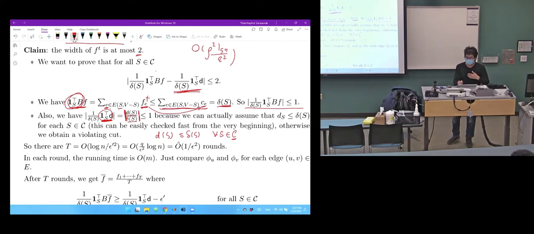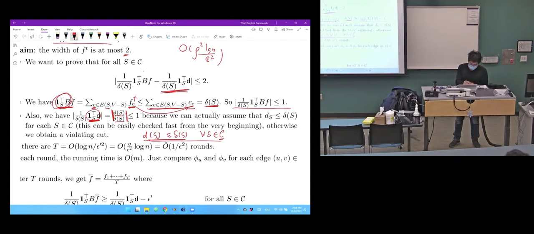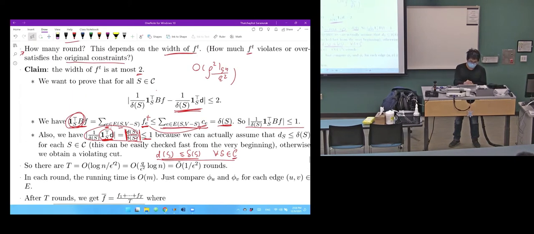So just from the beginning, you check if this is true for every cut in the family first. If it's false, then you're done. So from now, we can assume that this is the case. So that means that this thing is at most 1 as well. So now you're done. The width is at most 2.